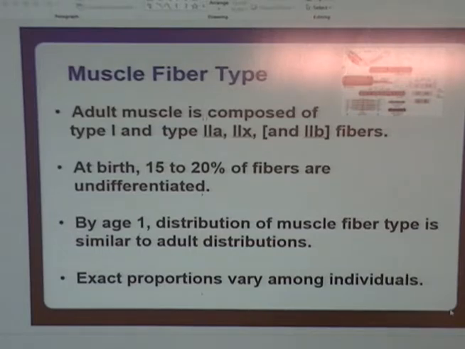So when we look at muscle, skeletal muscle, then we have two groups of muscle type. Type 1, which used to be called slow twitch.